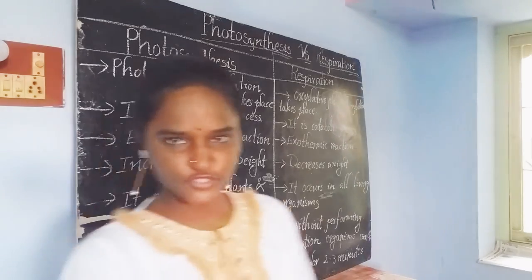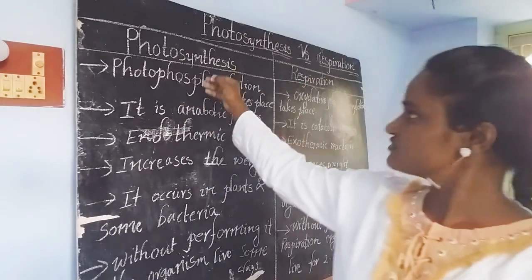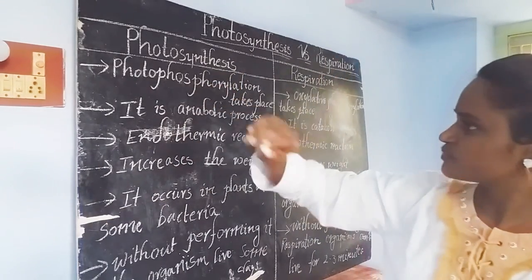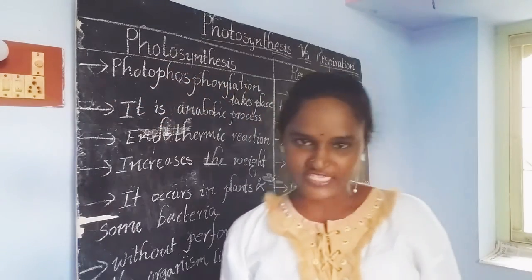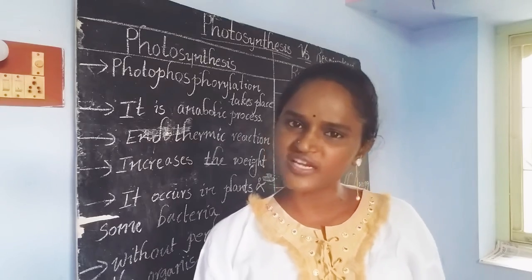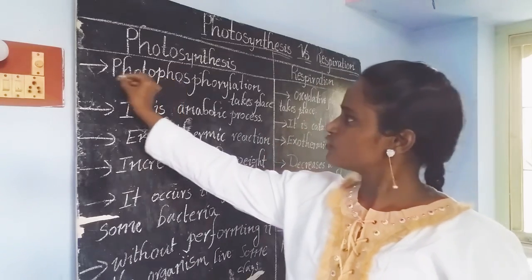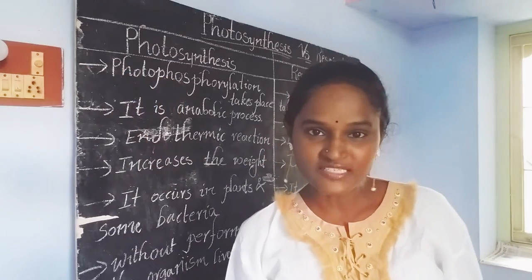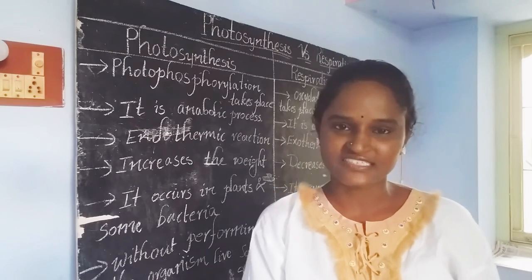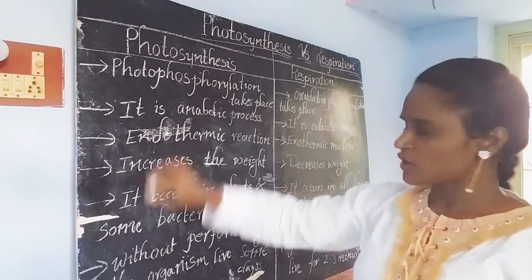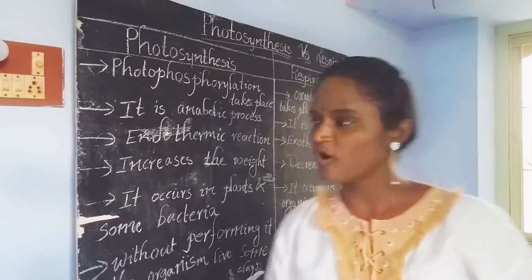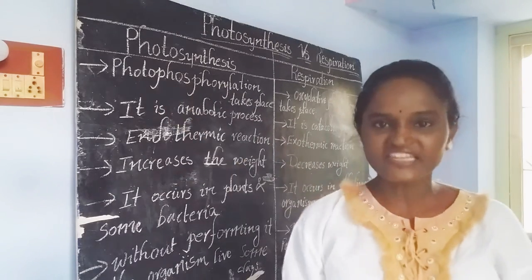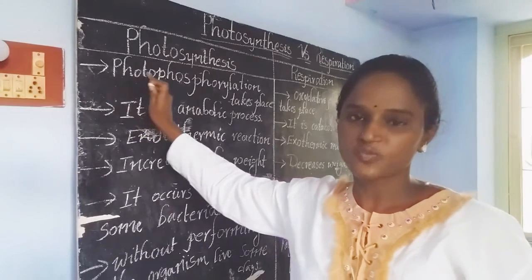Next difference between photosynthesis and respiration: in photosynthesis, photophosphorylation takes place. What is meant by photophosphorylation? Photo means light, sunlight. If the phosphorylation process, the formation of ATP, takes place with the help of sunlight, then it is called photophosphorylation.